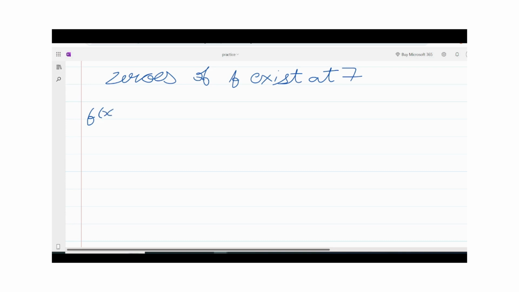f of x is equal to 1 plus 3 by x into root x minus 7. Alright, so we need to find f dash x from here.